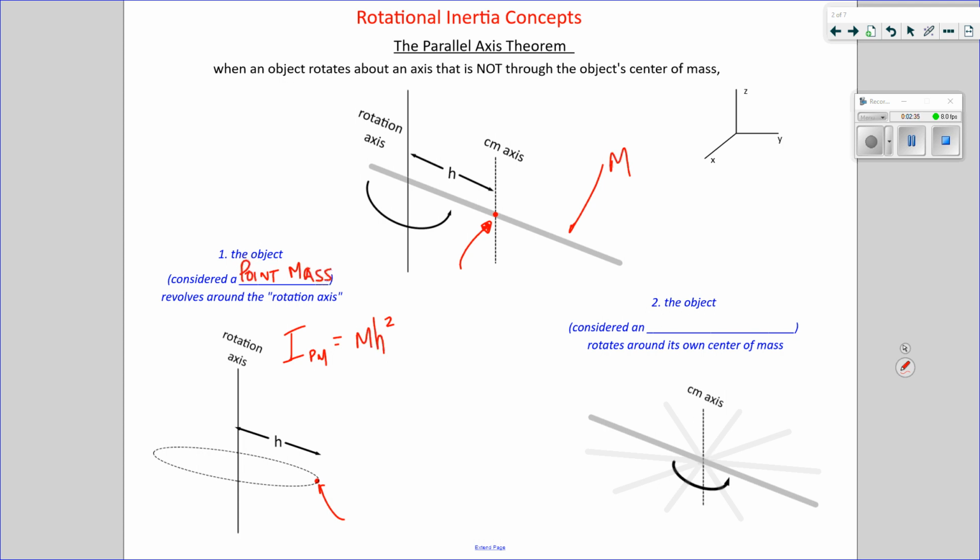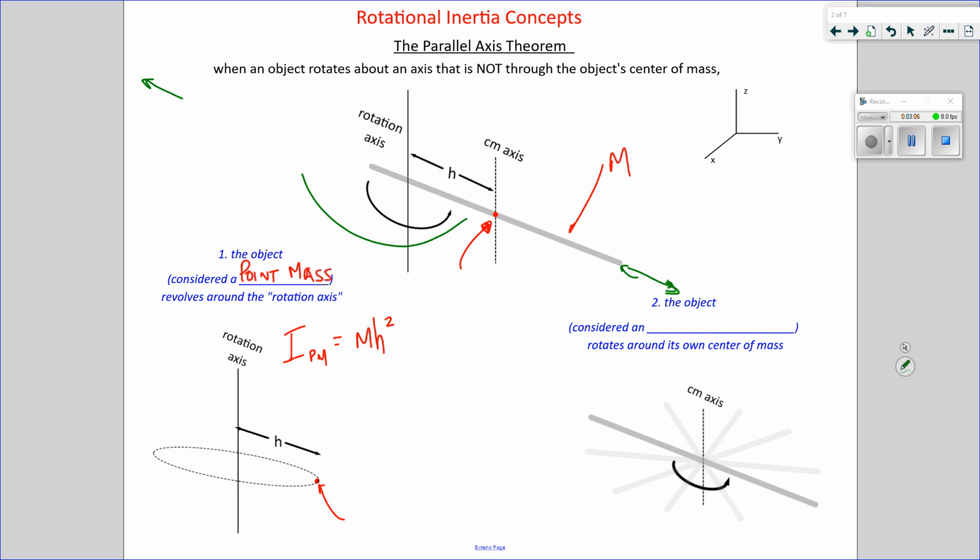And then second, we can look at the rod itself as an object that rotates around its own center of mass. If you consider this end of the rod, pointing down and to the right, it will be pointing up and to the left when the thing has rotated through half a rotation. So the rod itself rotates about its own center of mass.